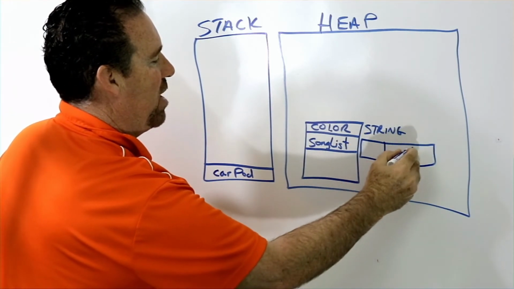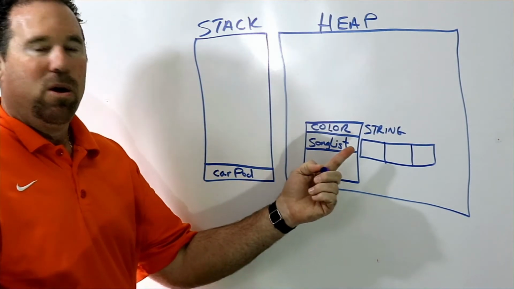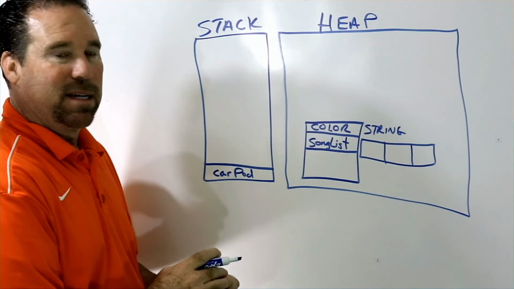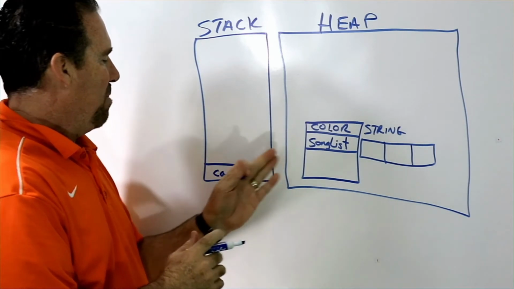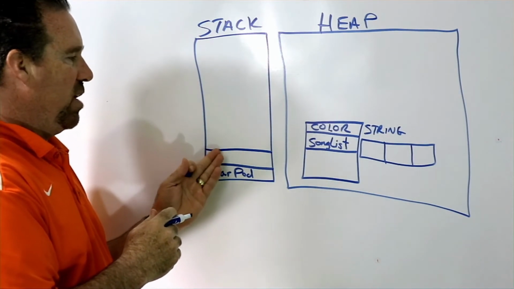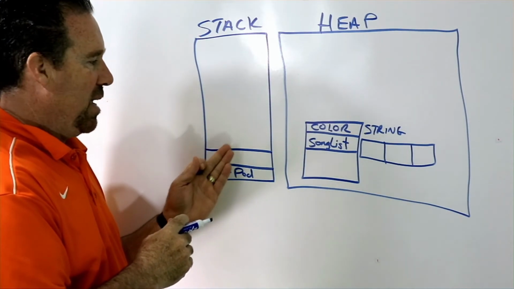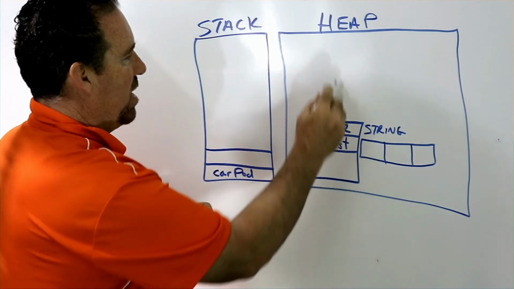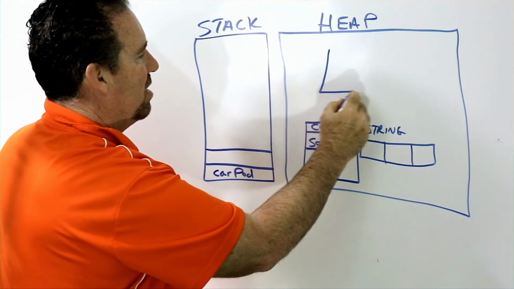Okay, and we create an array with 3 spots. Okay, three indexes. All right. Now what happens is another variable does not get created over here for these songs. It actually gets created right on the heap. All right. So in this one right here, it creates a my song.